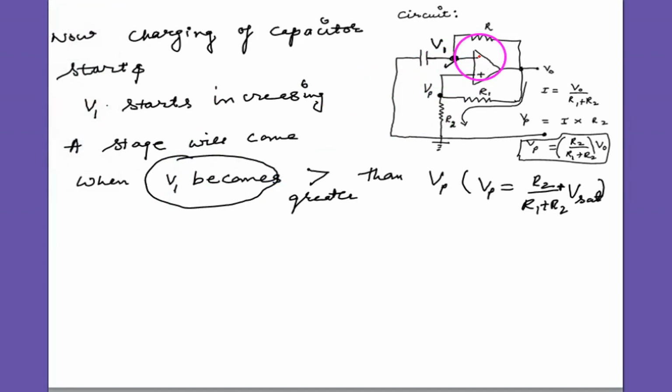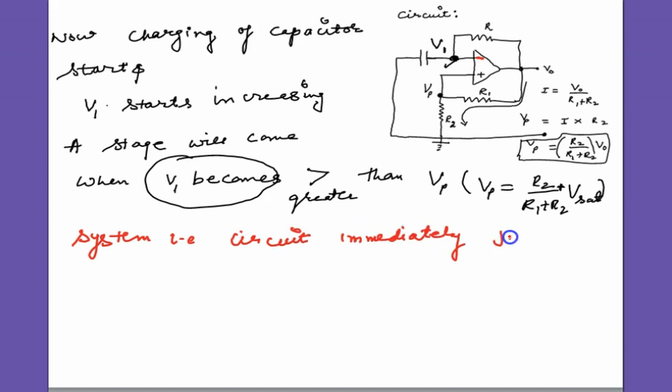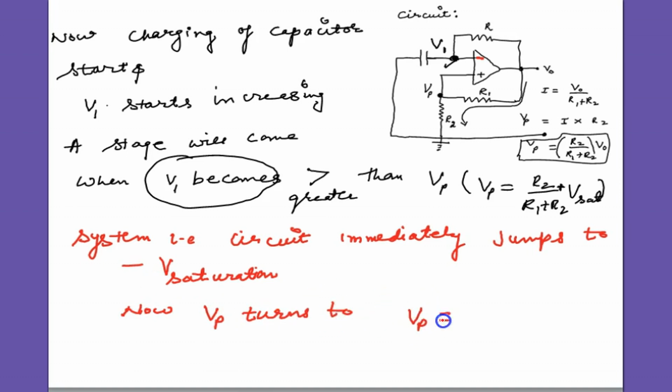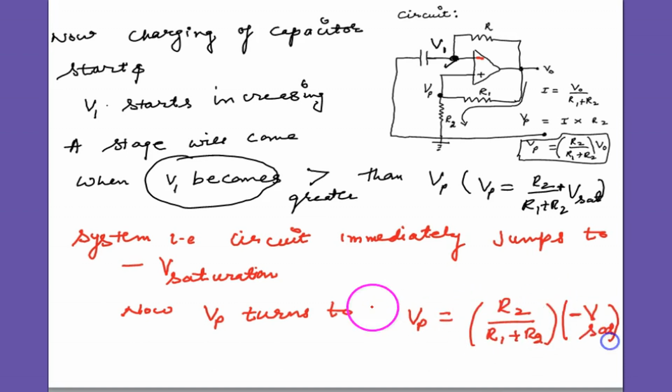That means the op amplifier switches from positive V saturation to negative V saturation. When there is negative V saturation, Vp becomes negative, meaning Vp is at a low potential.